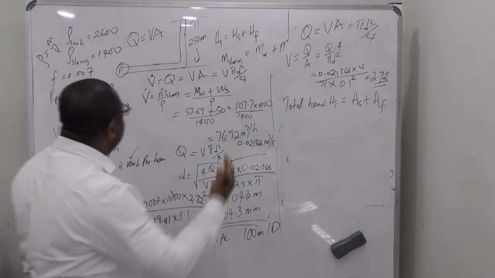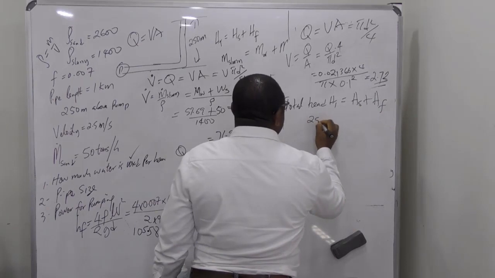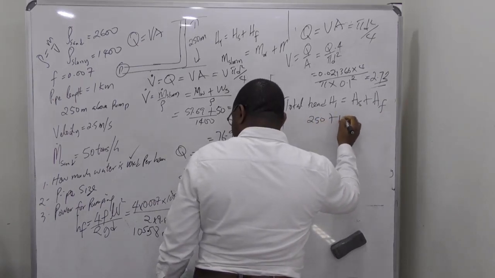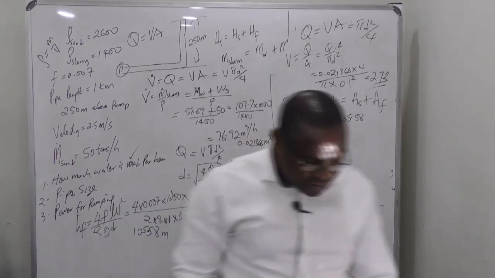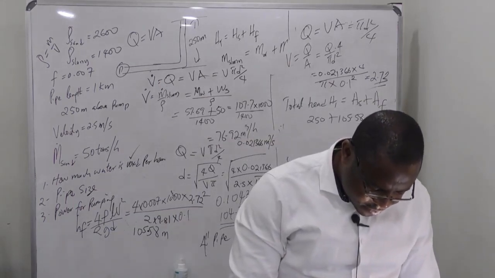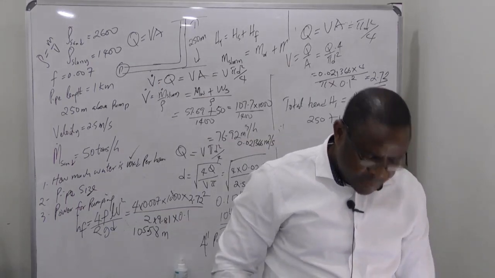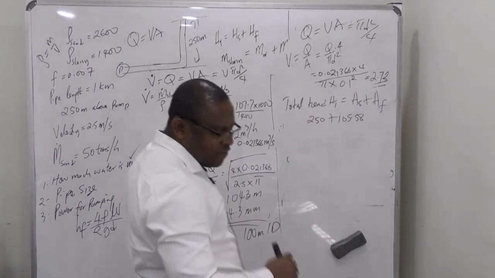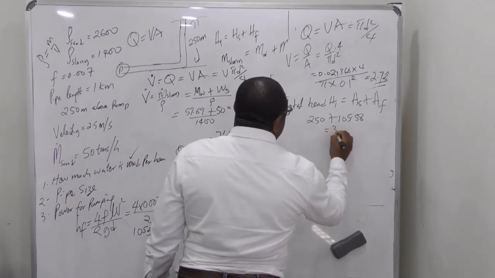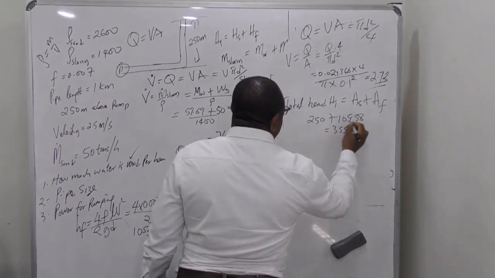Our static head is 250 plus 105.58, which will give you 355.58. So once you have your head, then you can easily calculate the power.